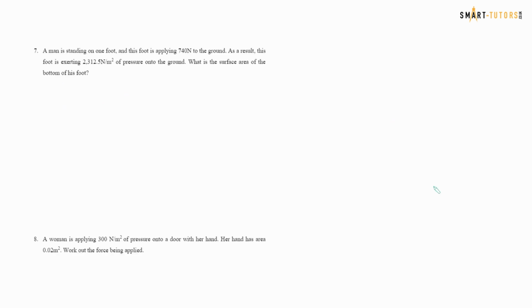Question number 7. A man is standing on one foot, and this foot is applying a force of 740 Newtons. As a result, this foot is exerting a pressure of 2312.5 Newtons per meter squared. What is the surface area of the bottom of his foot?